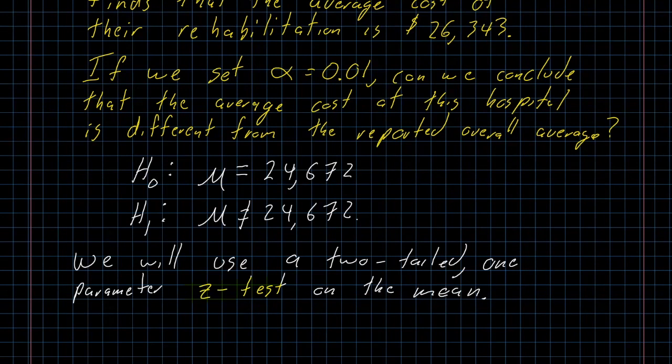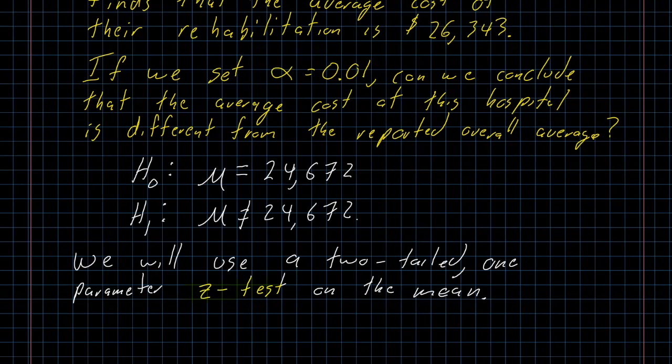It could have turned out that the cost at our particular hospital was lower. We had no way coming into the situation of making that distinction. And because we had no way of making that distinction, we had no choice but to use the two-tailed test.